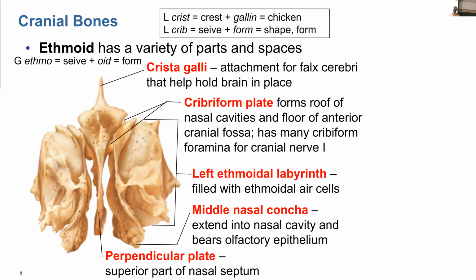One of them is this perpendicular plate. We'll also see another bone called the vomer, and the last part of it is cartilage, a lot of cartilage. So if you have a deviated septum, or you get punched in the nose and your septum gets deviated, hopefully the damage is not to this bone, hopefully to the cartilage or the other bone. If it's damaged to this bone, you could be in trouble.